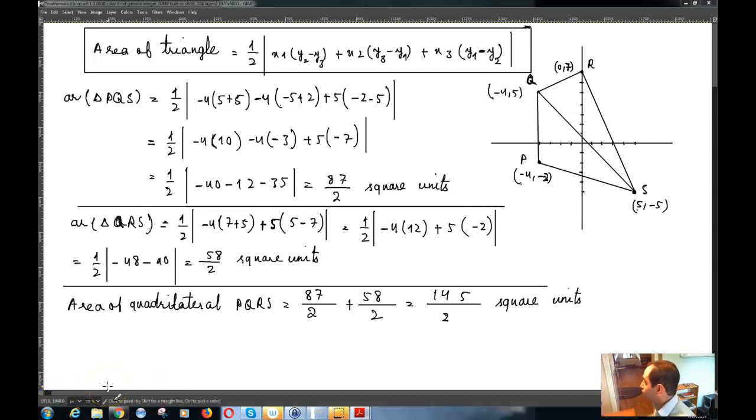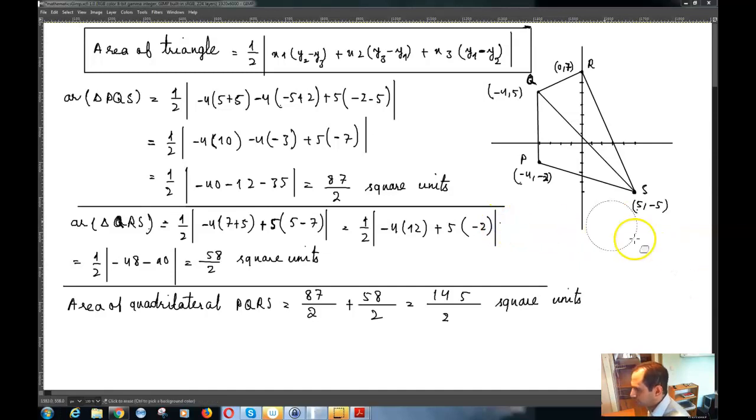The points are negative 4, 5, 0, 7. 0, 7 is over here, 5, negative 5 is over here, and negative 4, negative 2 is over here. So you would get this quadrilateral.